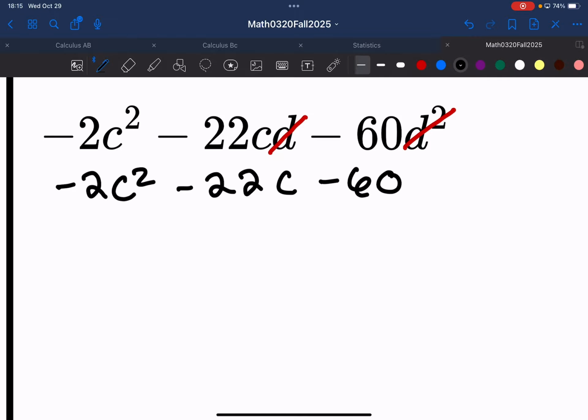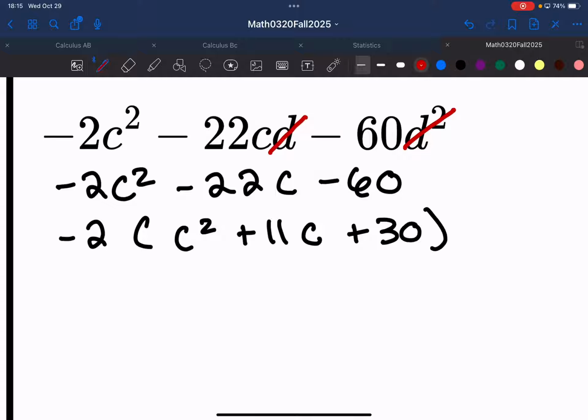Okay, so everything is in the correct order, but there's something in front of c squared. So what do I need to do? Take out a GCF, and what would that GCF be? -2. So it'd be left with c squared, and then what's -22 divided by -2? +11. And then -60 divided by -2? +30.